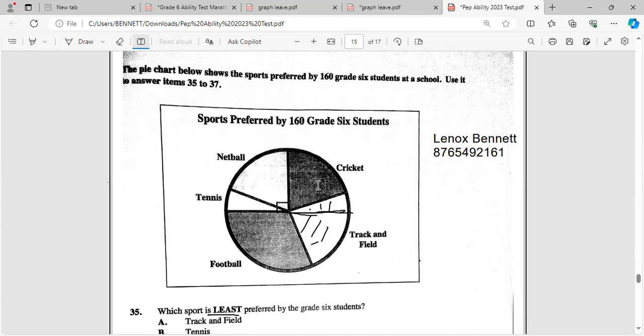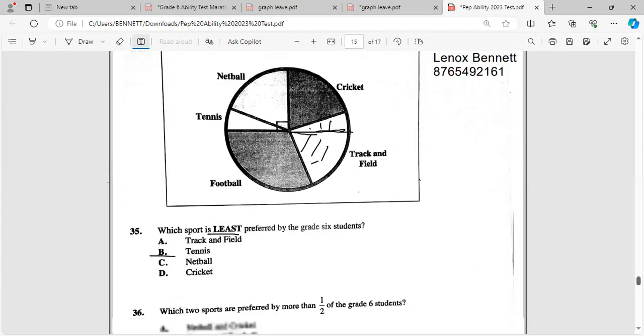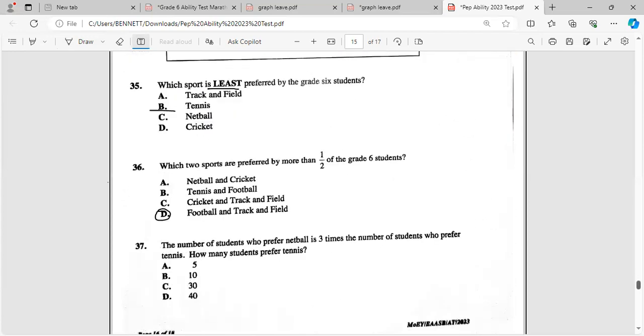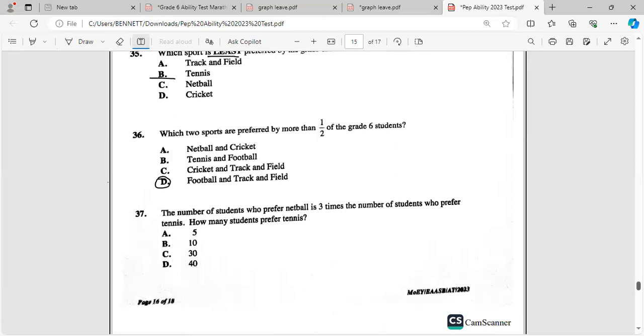Alright, we need to go back down, Kimani. It says sports preferred by 160 grade 6 students. The number of students who prefer netball is 3 times the number of students who prefer tennis. How many students prefer tennis?